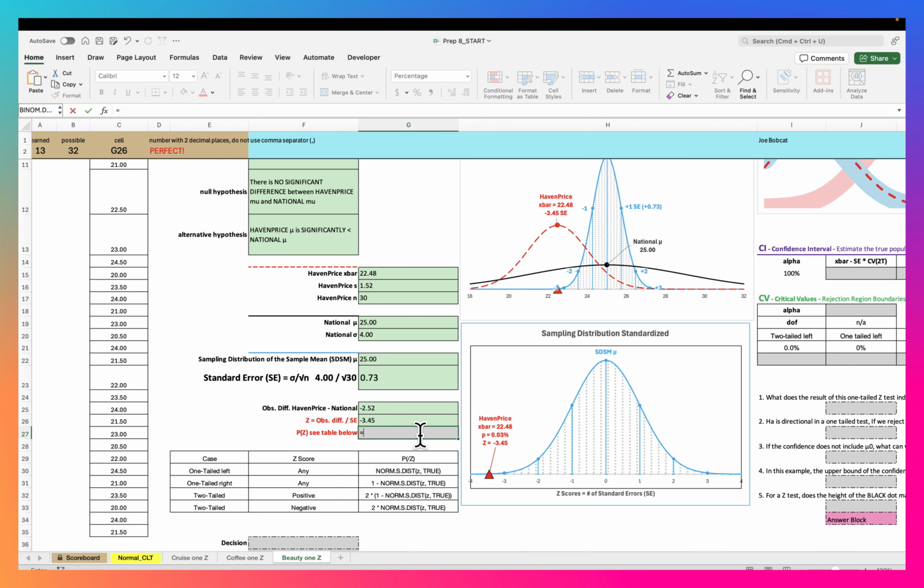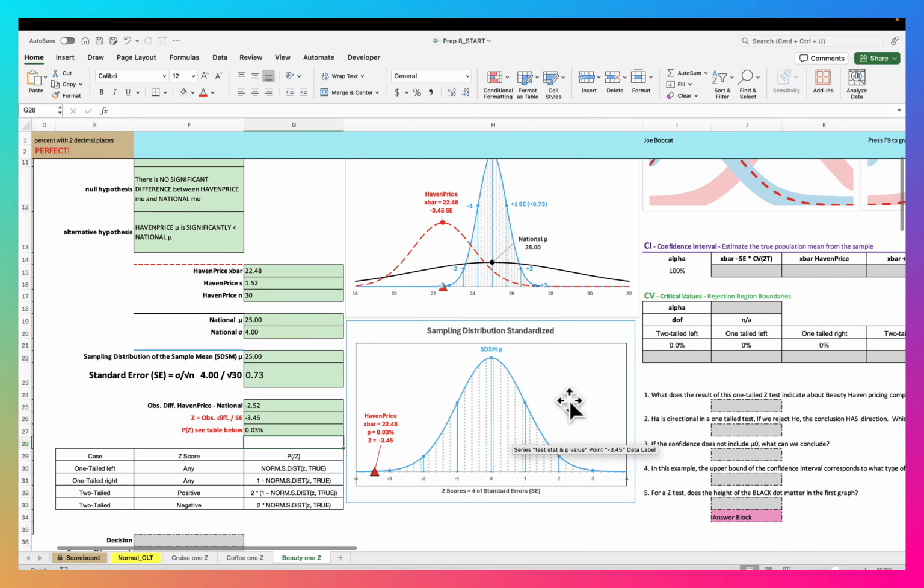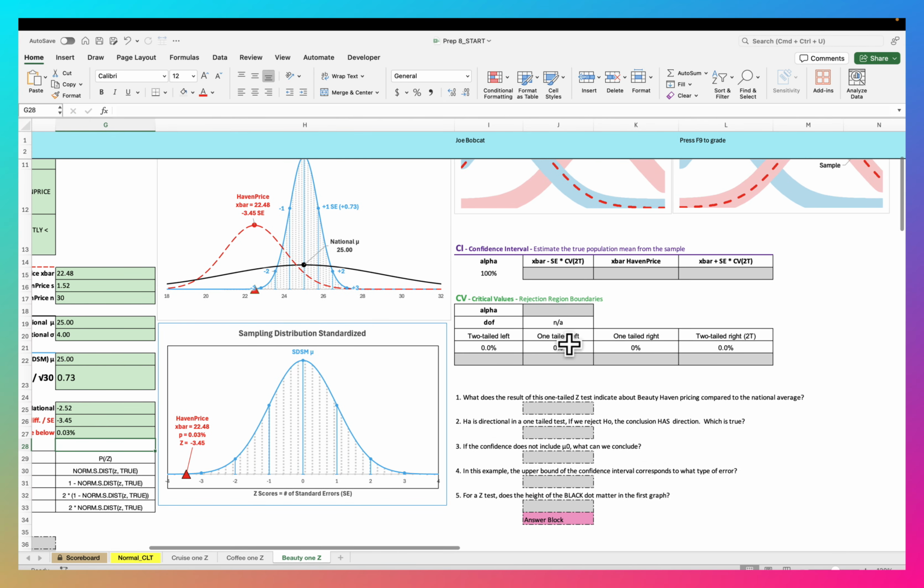So that's going to be, let's see, we've got a negative and it's directional. So it's one tail left. Z-score can be negative or positive, it doesn't matter. It's just going to be straight up NORM.S.DIST. All right, and alpha is 5%.